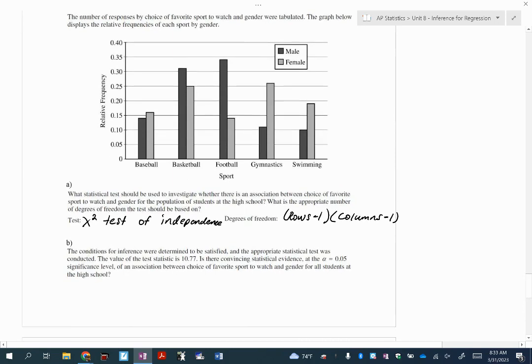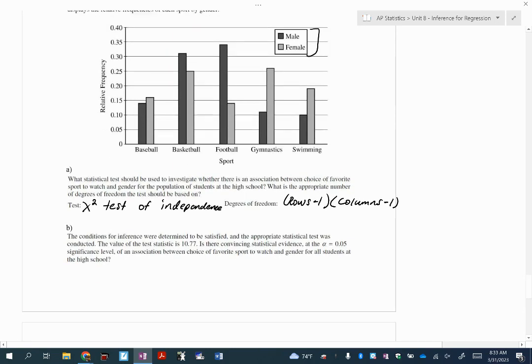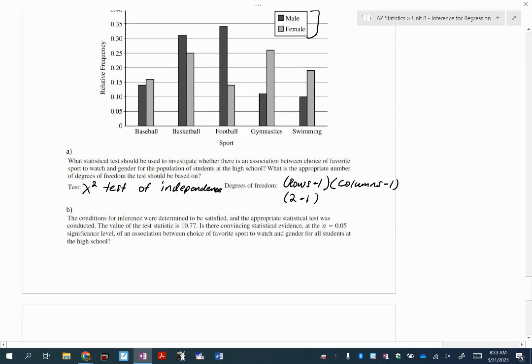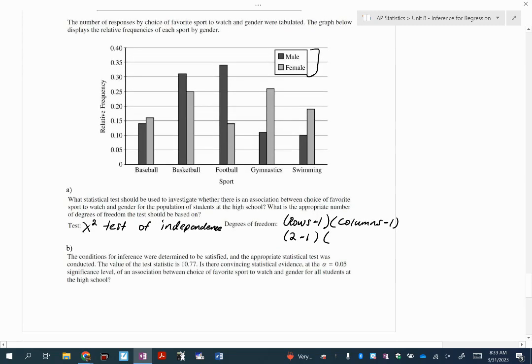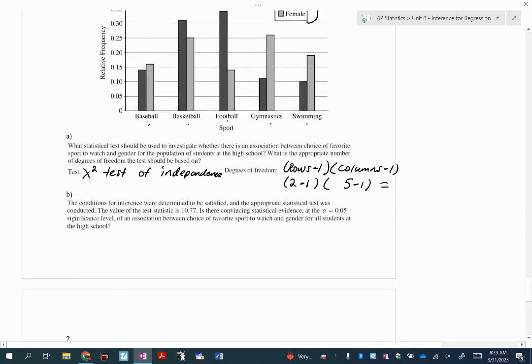It doesn't really matter. I see we have male, female, so I'll put that as 2 rows. And then columns, we have 1, 2, 3, 4, 5 sports. So if you multiply all that out, 2 minus 1 is 1, 5 minus 1 is 4, 1 times 4 is 4 degrees of freedom.